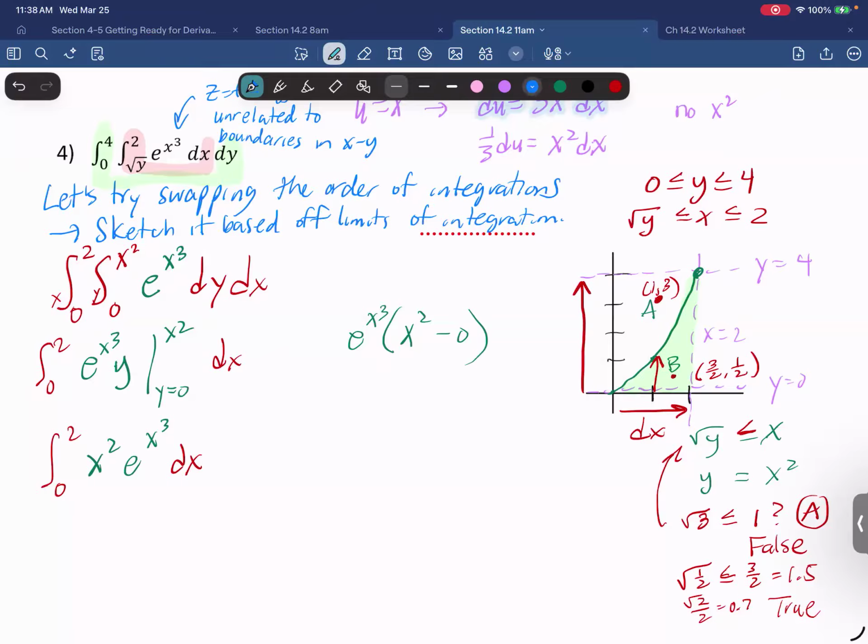So let's finish making a note here. We sketched it based off the limits of integration, and then we found new upper and lower limits. Notice they are different. We did not have 0 to 2 or 0 to x squared in the previous setup.